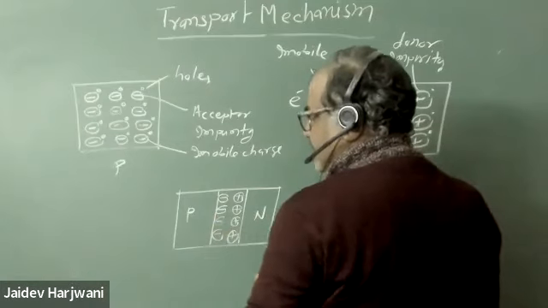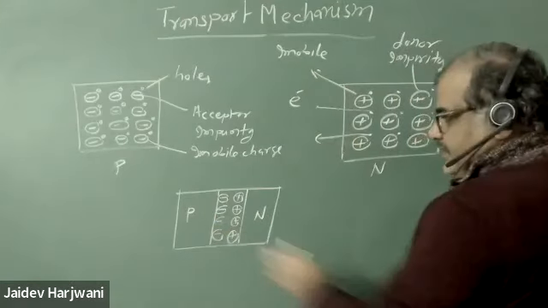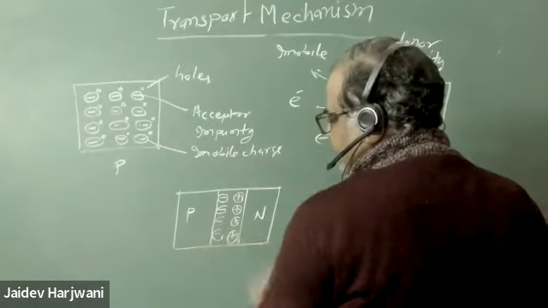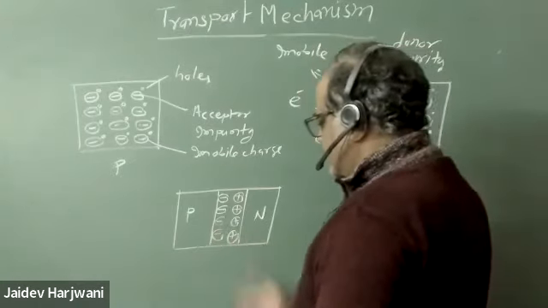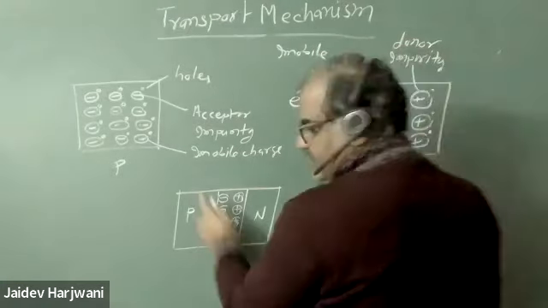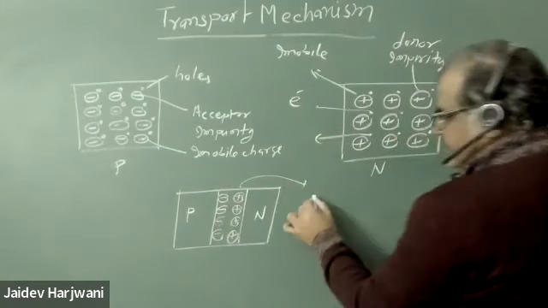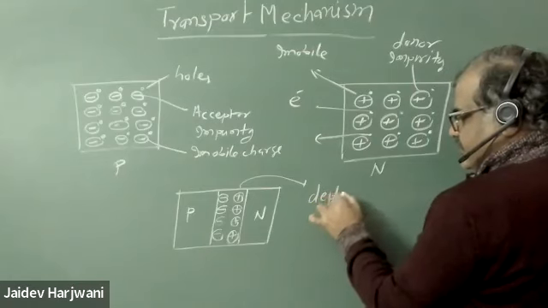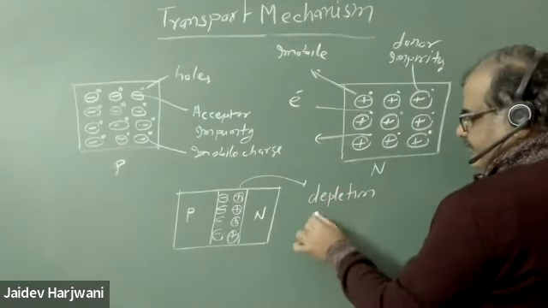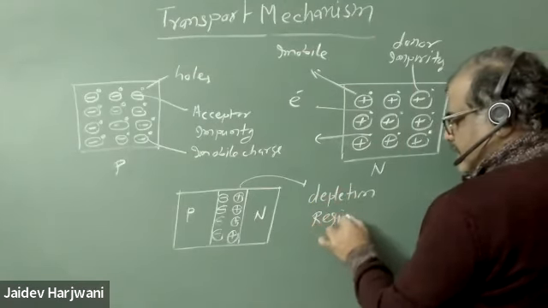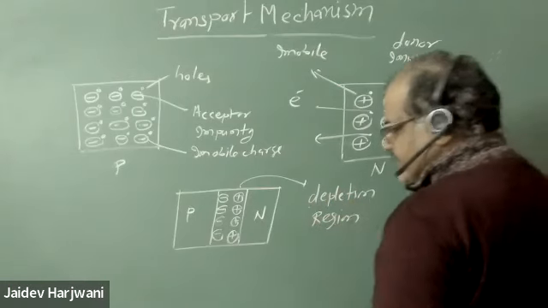So here it is p-type material, and here n-type material. At the contact, you have a region which does not have free carriers. This is called the depletion region. Why do we call it the depleted region?